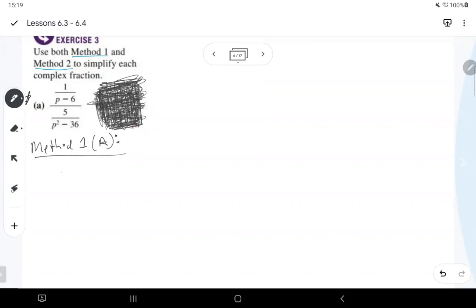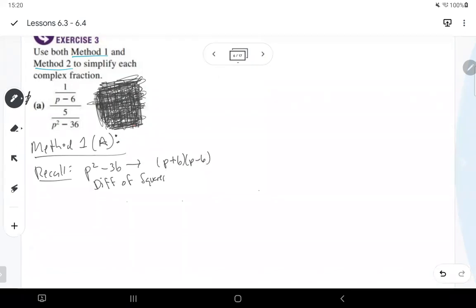So what you want to do is recall that p squared minus 36 is a difference of squares, so you can write it as p plus 6 and p minus 6.